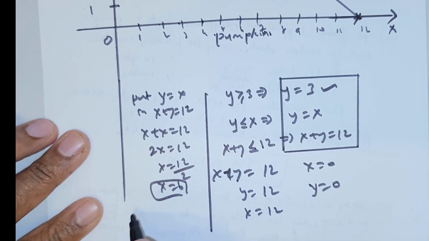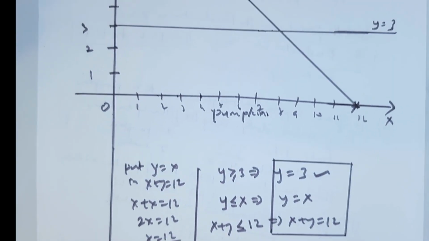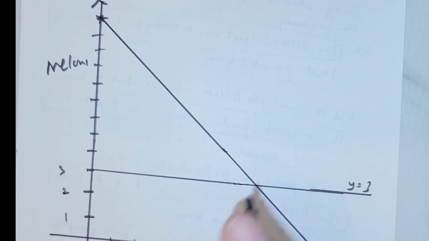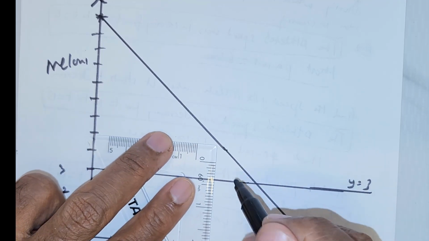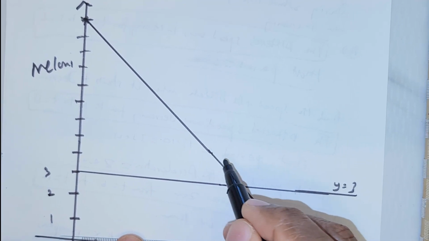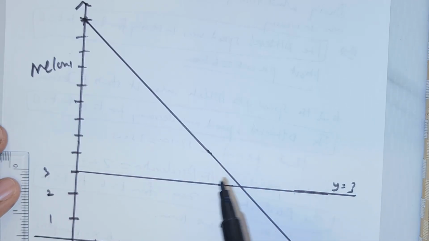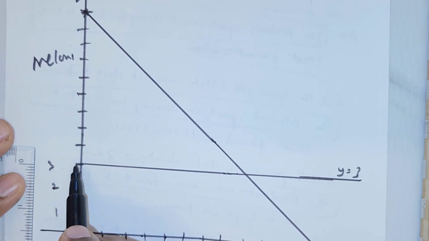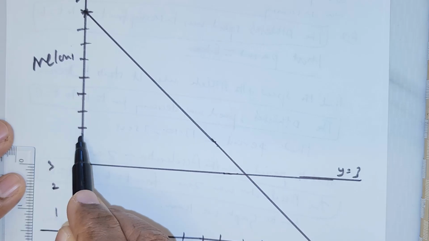So when x is equal to 6, y is equal to 6. So there is an intersection at 6, 6. So there is an intersection here, at this particular point. I have put this as 3, so this intersection across should be 6.